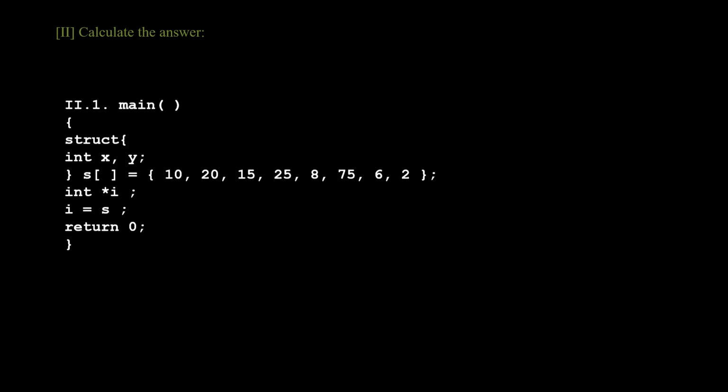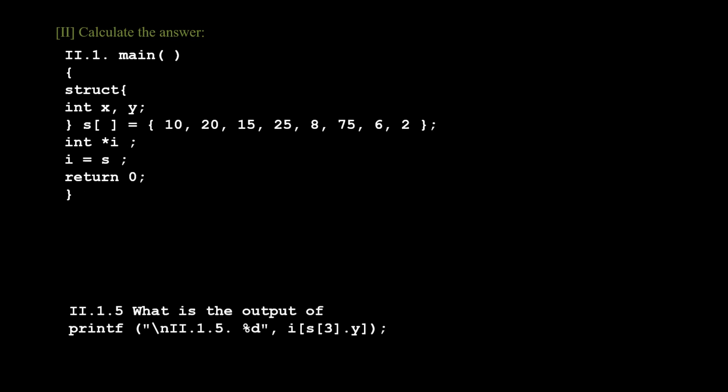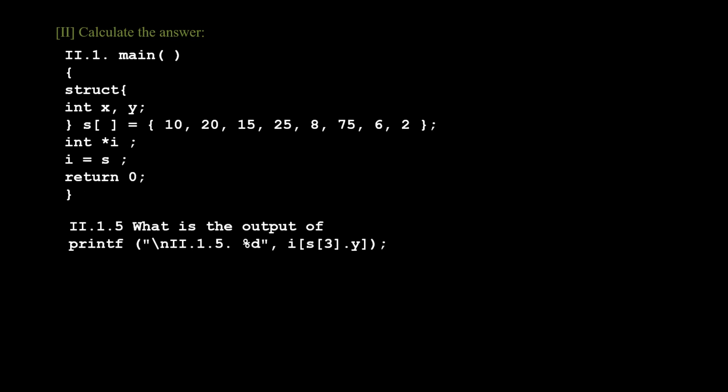Let's go to the next question. Fifth question: I[s[3].y]. Let me start the timer and then we will discuss the answer. Let's see the output. It is 15.